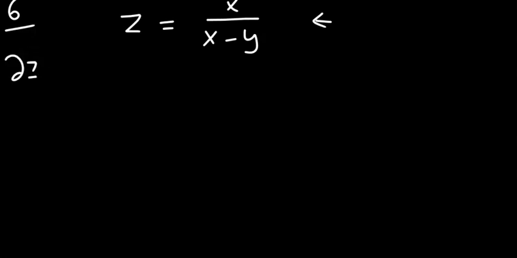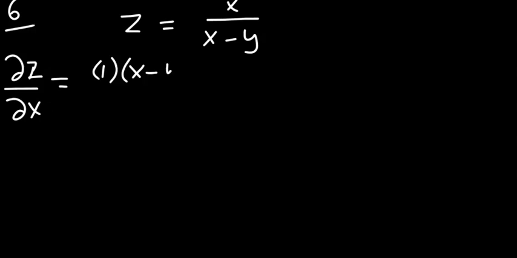Let's look at this function. Let's first compute the partial derivative of z with respect to x. Now we can use the quotient rule to do this because it involves a ratio. So let's differentiate the top one with respect to x. You get 1. Multiply this with the denominator, x minus y, minus, now differentiate the denominator partially with respect to x.